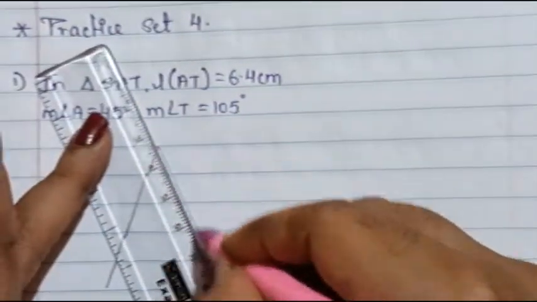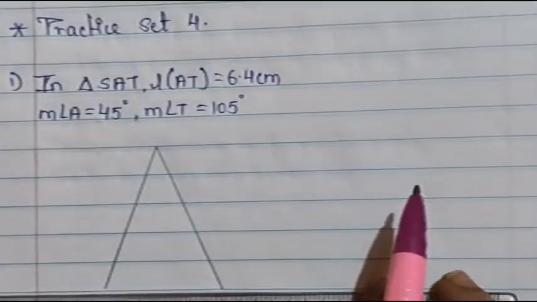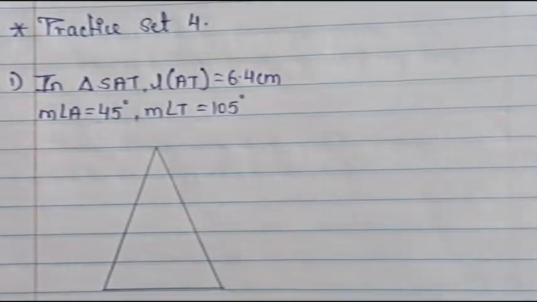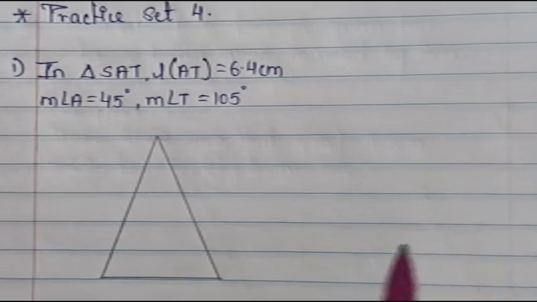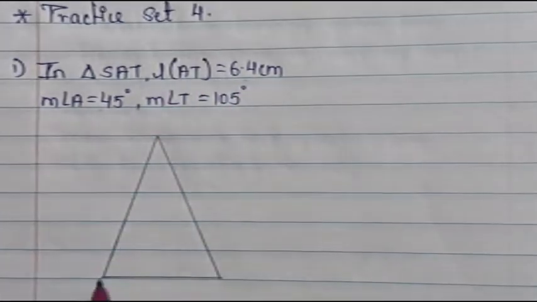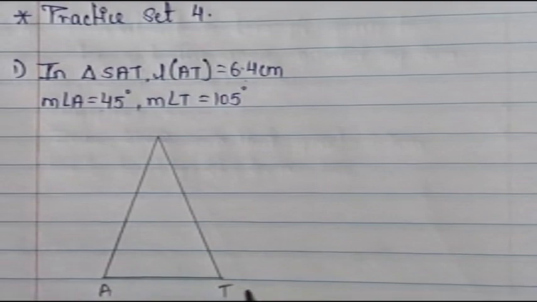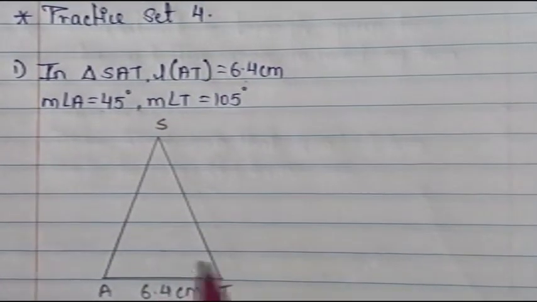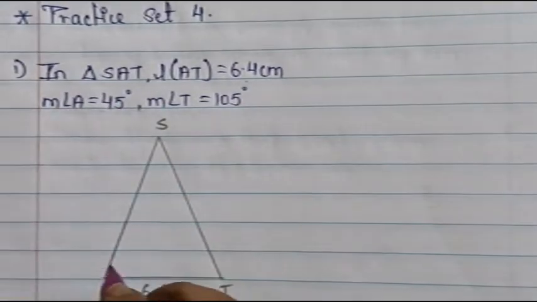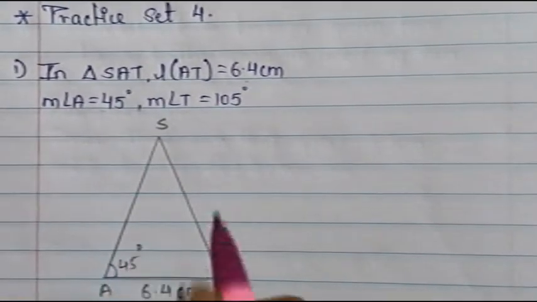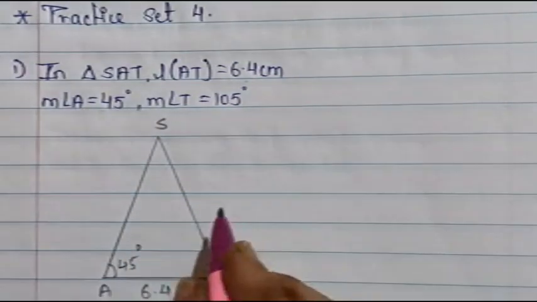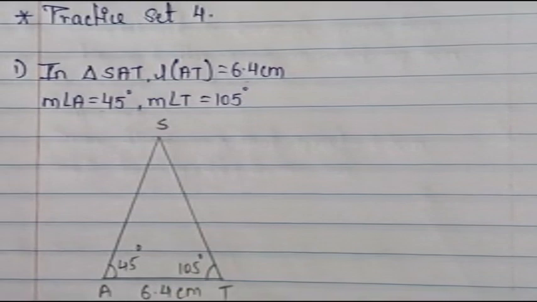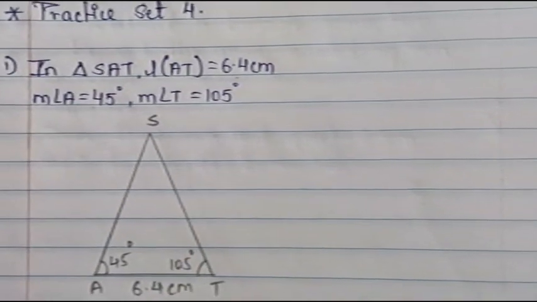Okay, we'll draw the rough figure here first. Then we will name it, that is length of AT is equal to 6.4 centimeter. Okay, measure of angle A is equal to 45 degree, and measure of angle T is equal to 105 degree. Clear? So with this help we are going to construct the triangle.